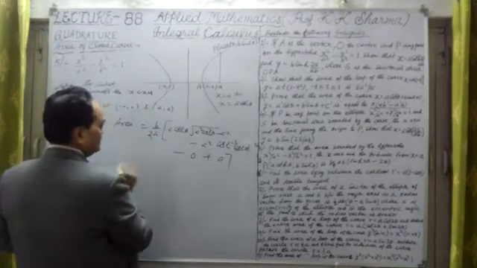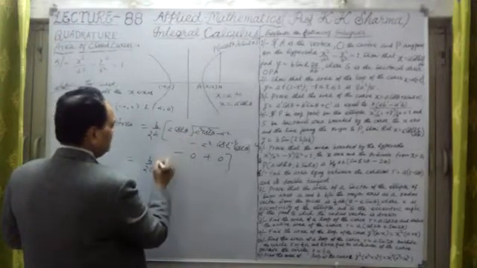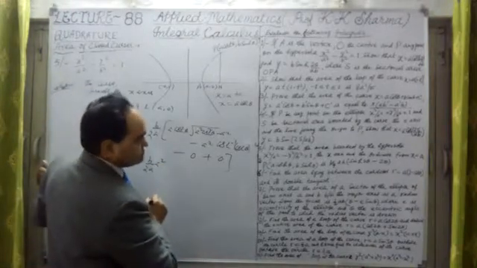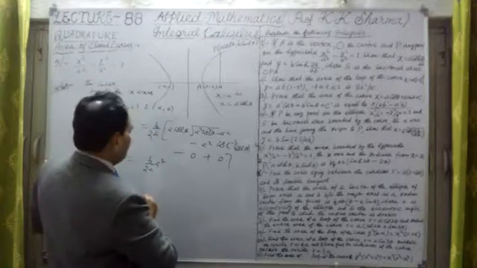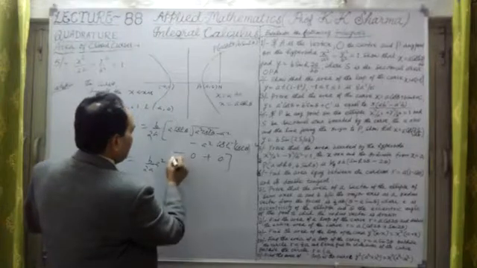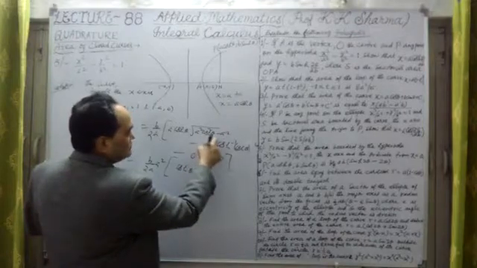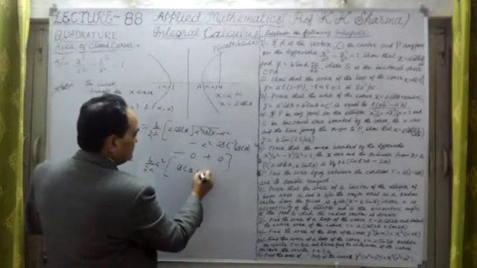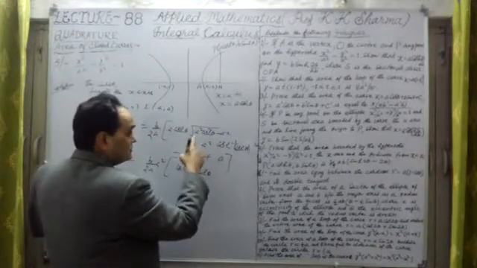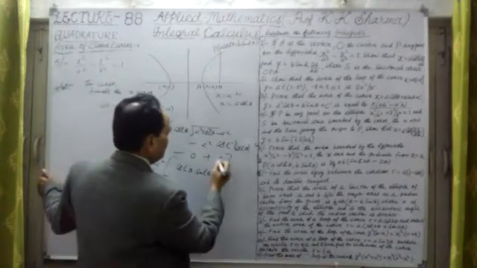So it will give us b upon 2a, and a square, because a into a I take outside, which is 1/2 ab. Within the bracket, it is cosh theta into, from this, sinh theta, because the square root of cosh square theta minus 1 is sinh theta.